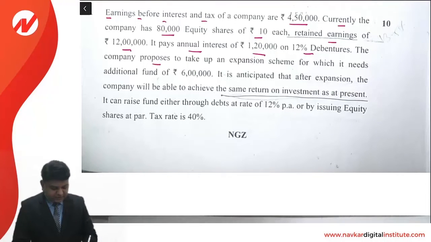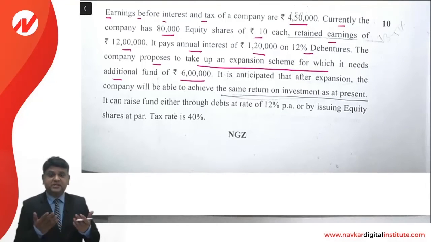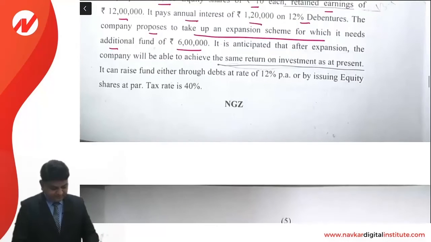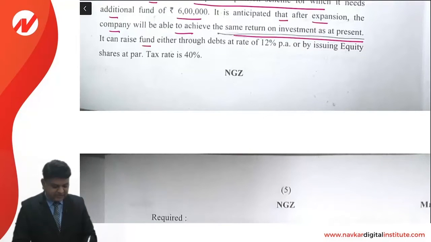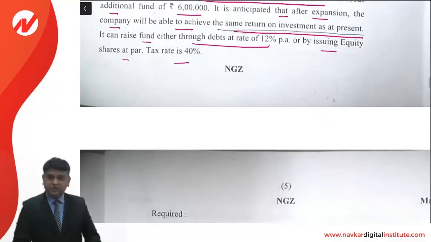The company proposes to take up an expansion scheme for which it needs additional funds of 6 lakhs of rupees. It is anticipated that after expansion, the company will be able to achieve the same return on investment as at present. It can raise funds either through debt financing at 12% or by issuing equity shares at face value. Income tax rate is 40%.